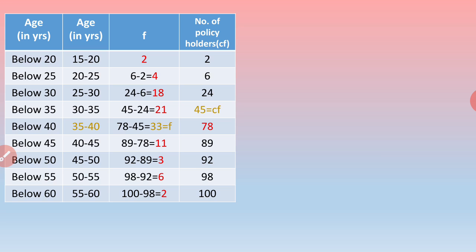In the question, the total, that is the cumulative frequency, is given, because when we talk about below 20, it is 2. Below 25 will take all the values including below 20. That is how it will continue.